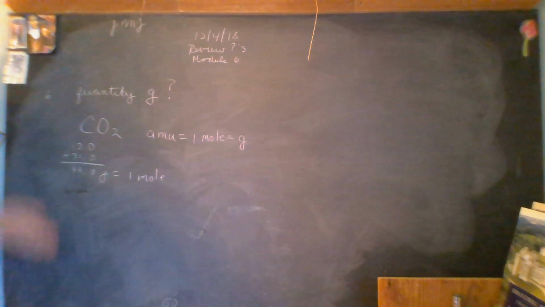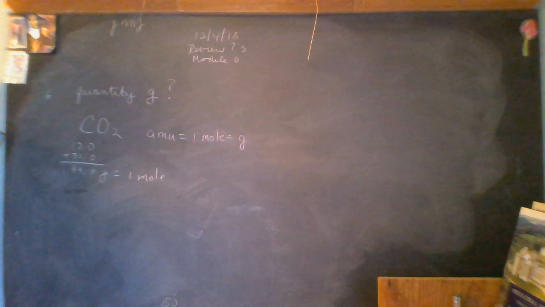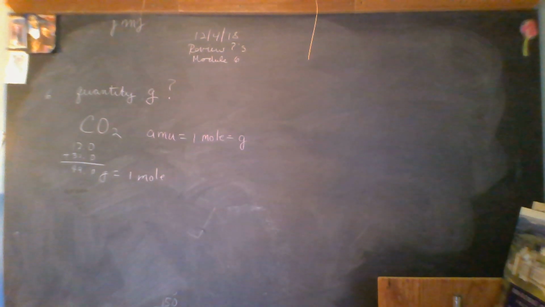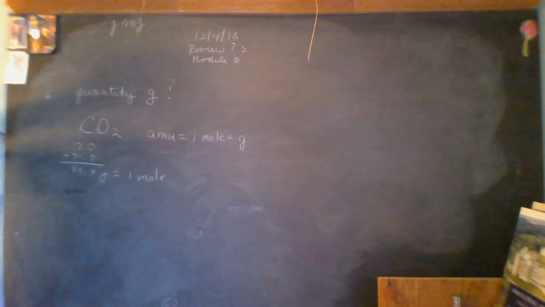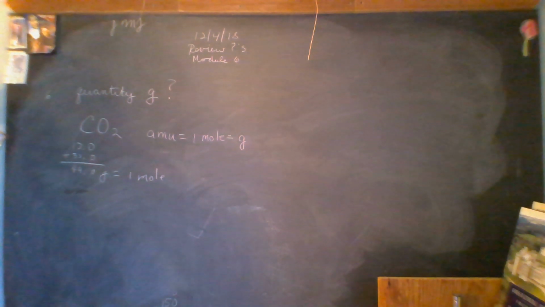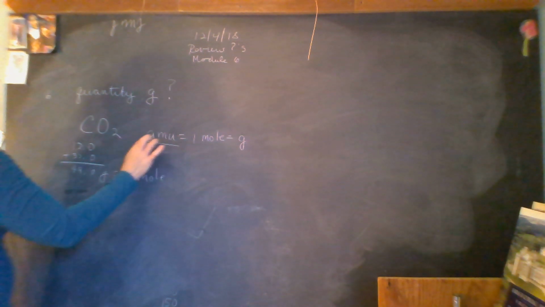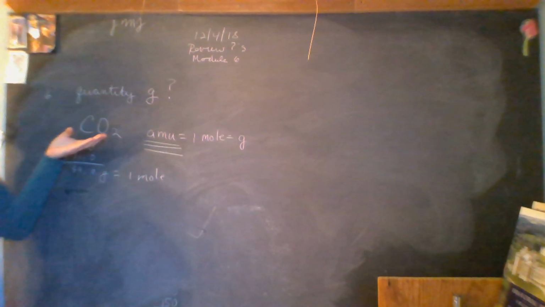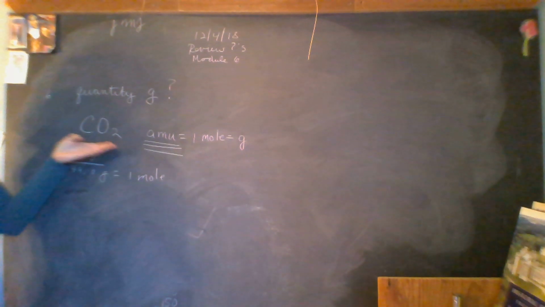So what's the question again? If a stoichiometry problem gives you the quantity of a substance in grams, what is the first thing you must do to solve the problem? Find out what its atomic mass is. You want to find out that substance's atomic weight.